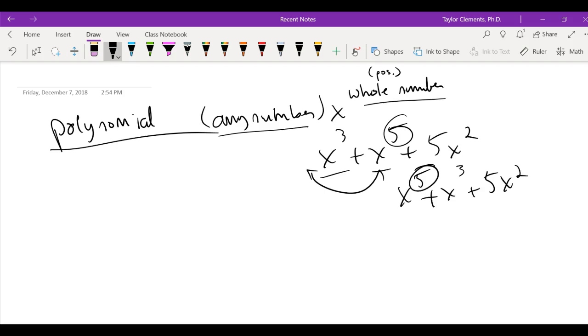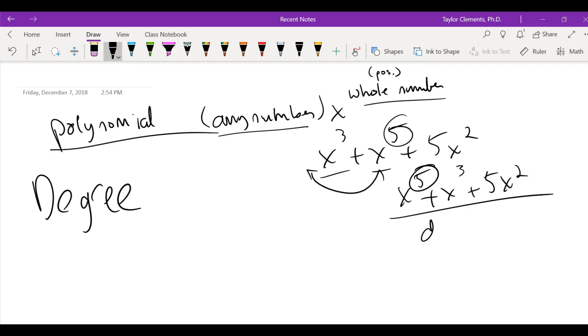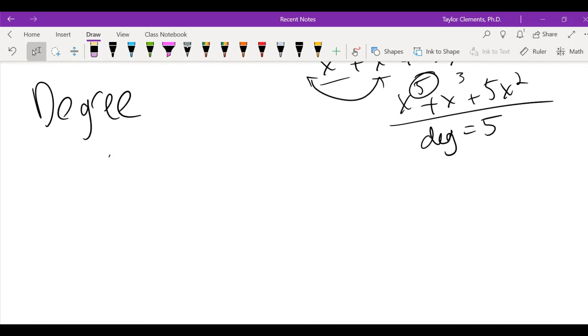The largest exponent number is called the degree. So this example right here is a degree 5, because that's the largest exponent. Now that gets a little trickier when you have something written like this.